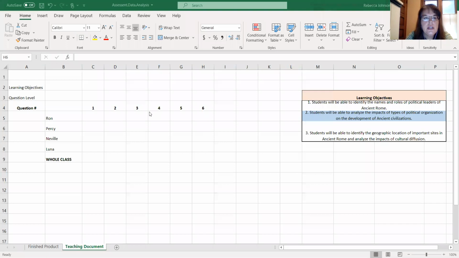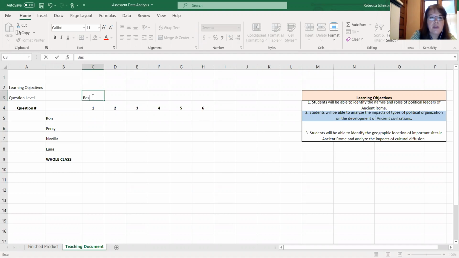like, okay? So I'm going to pop over here to the Excel screen, and you can see here, my question 1, in terms of question level, was just memorizing, remembering the things about an empire and a golden age.